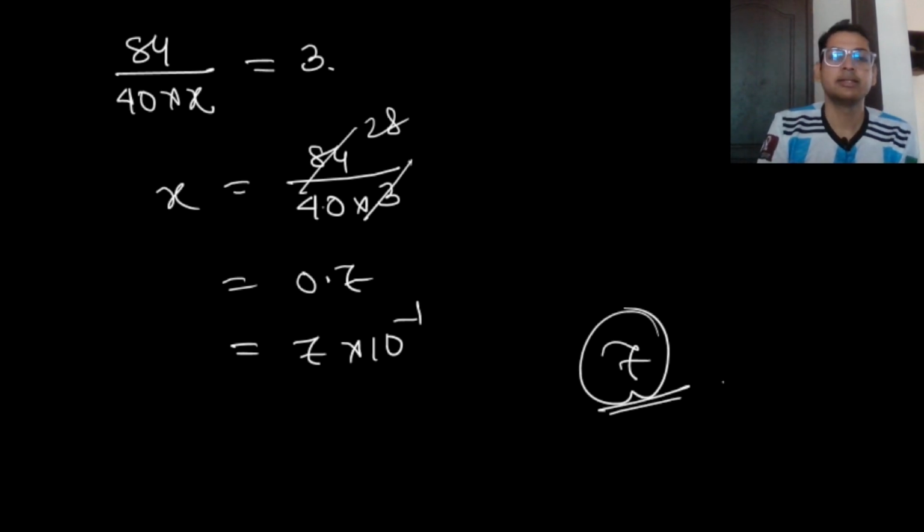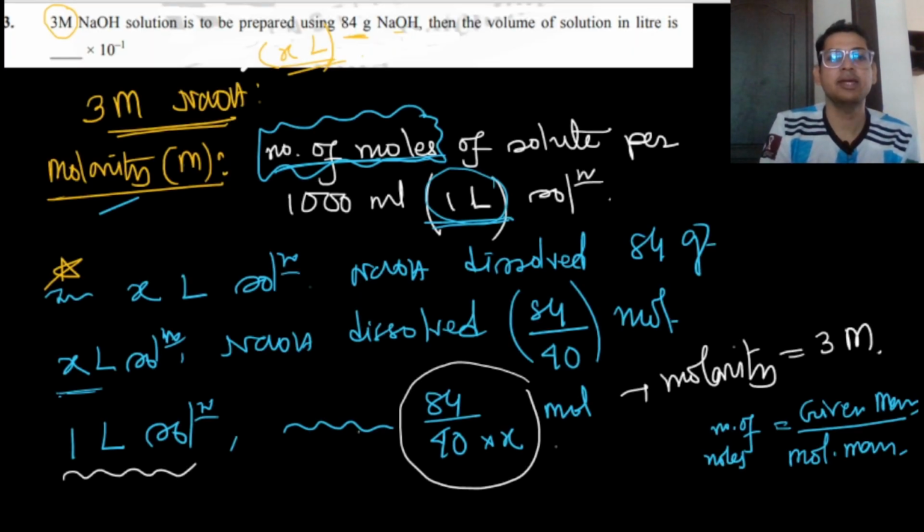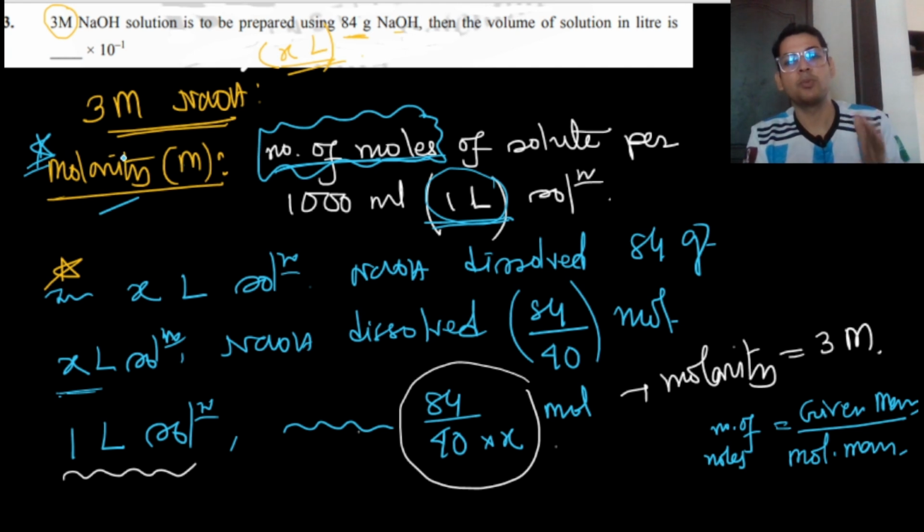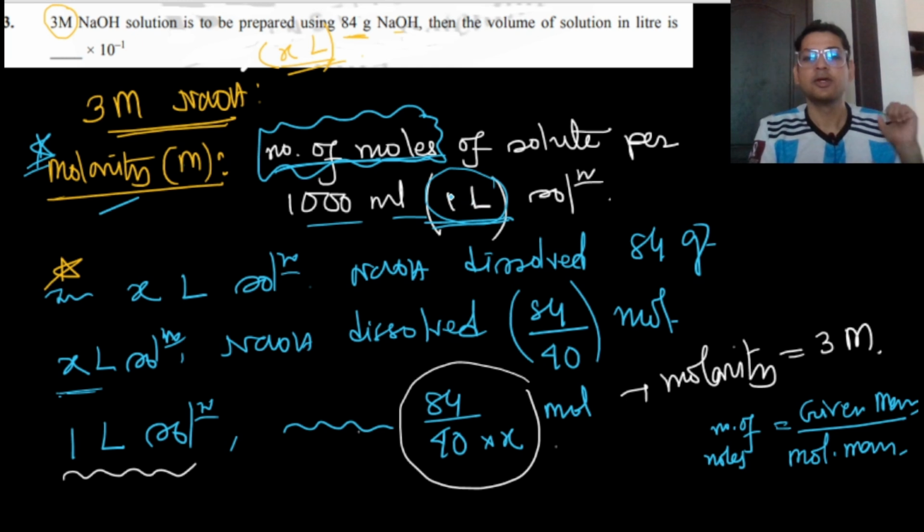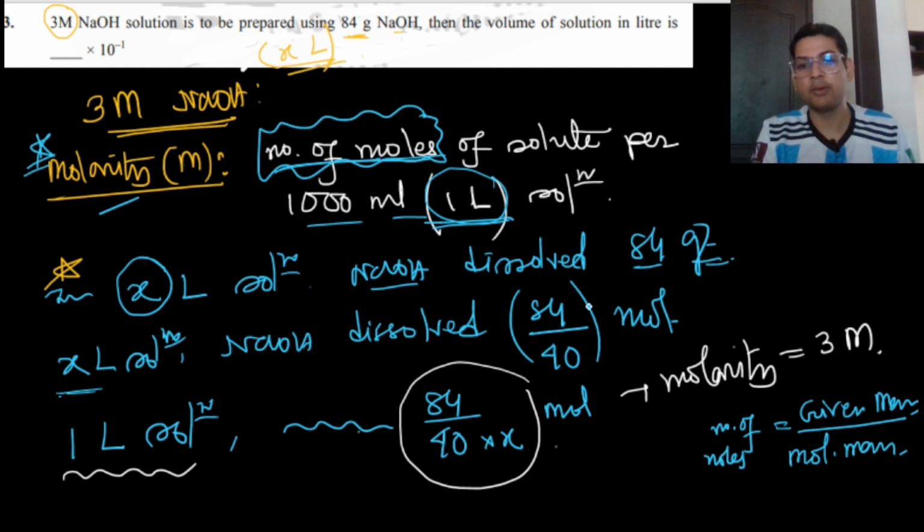Got it or not? You just have to satisfy the molarity definition. Molarity is number of moles of solute per 1000 ml or 1 liter solution. So I have taken x liter solution. In x liter, NaOH dissolved is 84 gram. But sir, I don't want it in gram, I want it in mole.